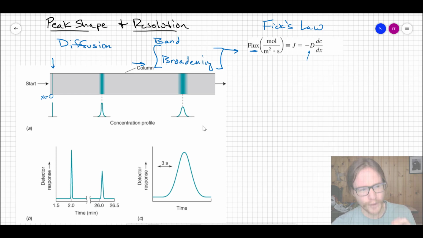So if you have a tiny, tiny bit of sample, imagine now that as this thing starts to move in this dimension along the column, this is a concentration gradient where you have a locally high concentration right in the center of this band where you've injected all of your sample.